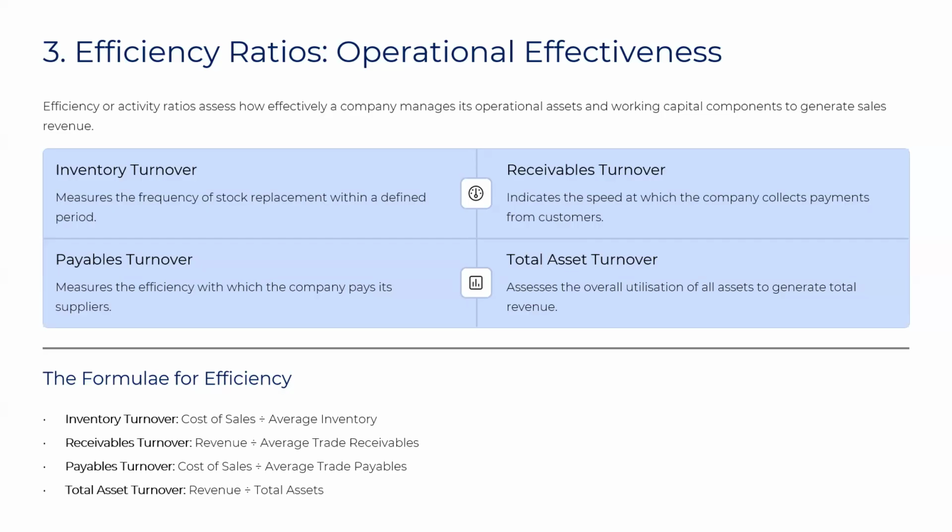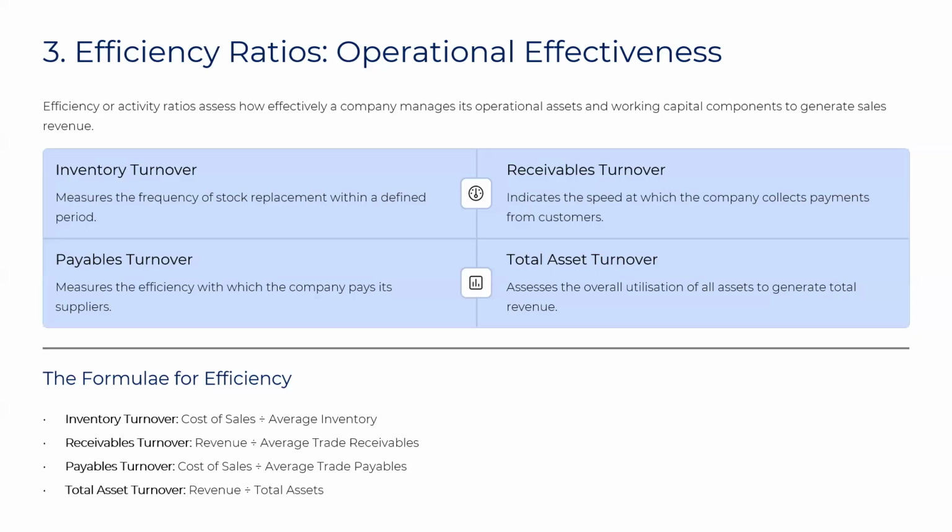Inventory turnover is cost of sales divided by average inventory. You agree with me that inventory can be found in your cost of sales. Cost of sales is opening inventory, add purchases, less closing inventory.